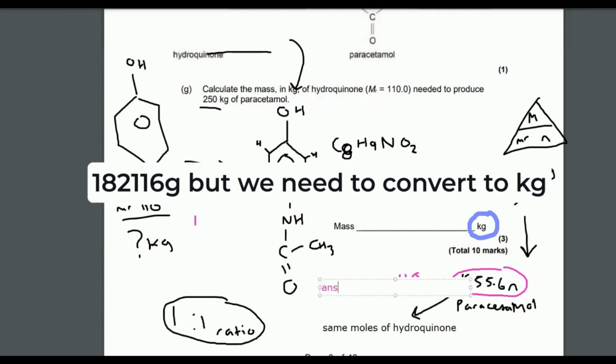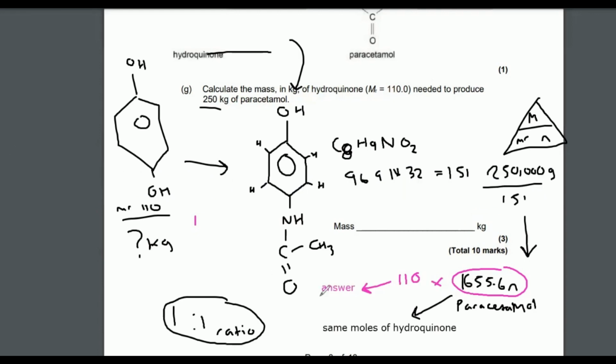But don't forget, we need to convert that to kilograms. So take that answer from your calculator and divide by 1,000, and you'll convert that into kilograms. And that's going to end up being 182.116 kg. Now we can round in A-level chemistry to 3 sig figs, so we can just call it 182 kilograms.